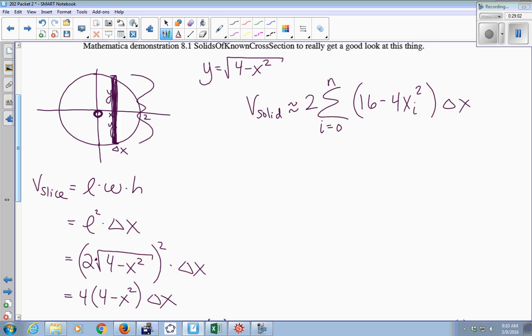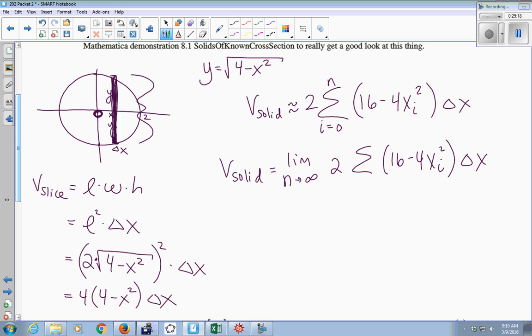All right, so to get the exact volume of the solid, I take the limit as n goes to infinity of 2 times my sum, and then that turns into an integral. So that's 2 times the integral of 16 minus 4x squared, and delta x becomes a dx.